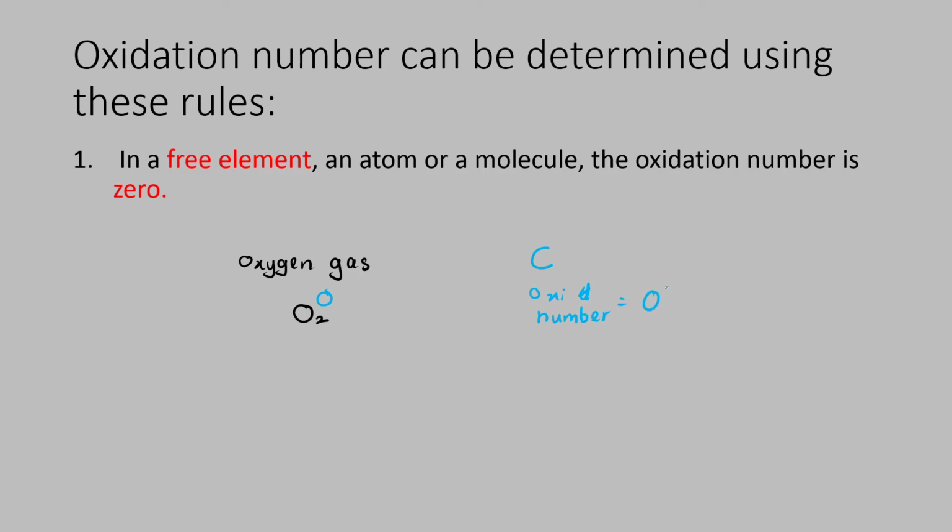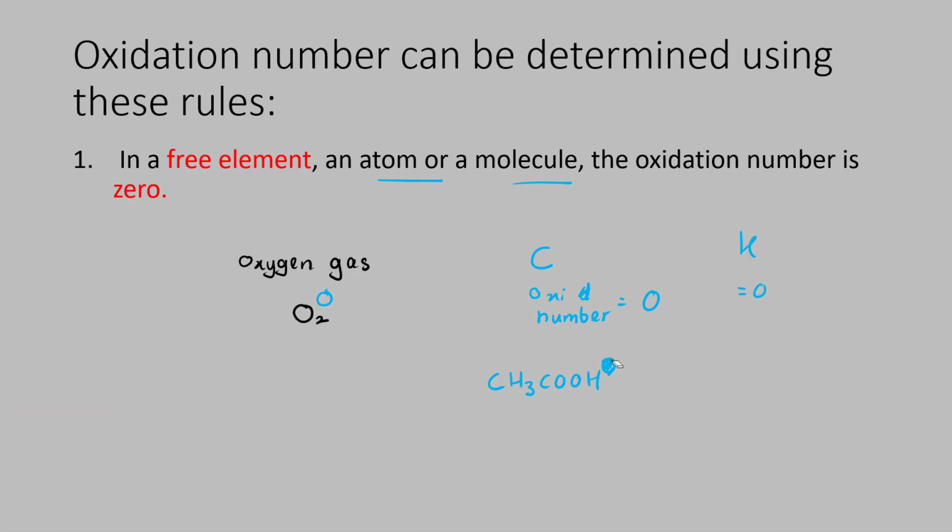If I give you potassium, its oxidation number should also be 0 because it is an element, whether atom or molecule. For example, vinegar, CH3COOH. You see it has no charge, nothing written on top. It means that the oxidation number of the whole molecule is 0.